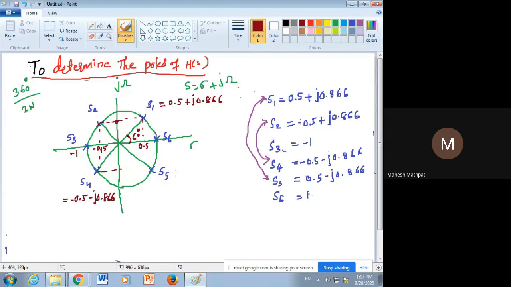What about S5? S5 का क्या वैल्यू, again it is 0.5 minus j 0.866, and at the end S6 we have it is 1.